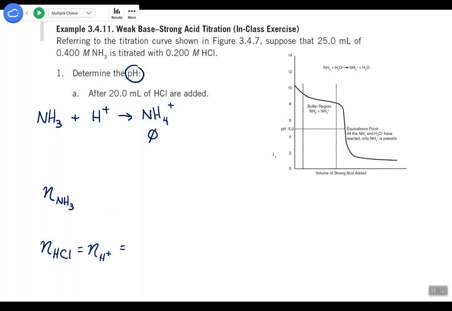So for the weak base, I have the volume. We started with 25 milliliters and the concentration. If I multiply those values together, that will give me the number of moles. I'm going to put 25 milliliters into liter units so that it factors out with my molarity. Molarity is moles per liter.